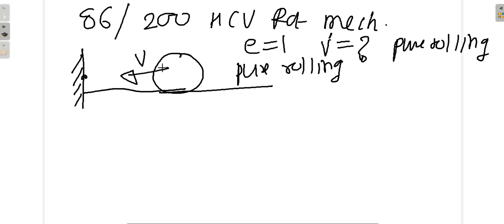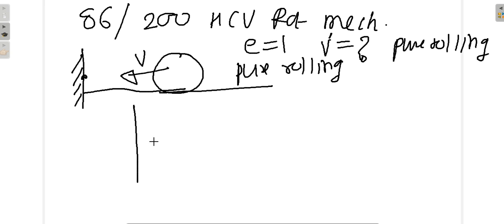The sphere which is having a purely rolling motion without skidding is going to make an elastic impact here, and after making an elastic impact it will reverse its direction. After it reverses its direction, it does not remain pure rolling. I will explain why. They are asking us what is the velocity of center of mass after it resumes pure rolling. Now let us try to understand this principle very carefully.